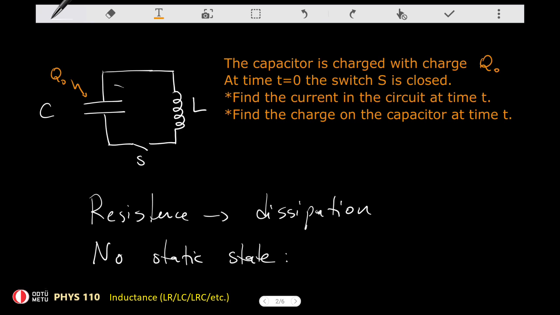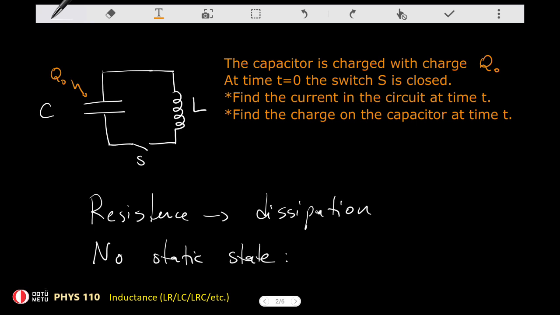In that case, of course, we know that these two plates are connected with a wire. And we know that the charge is going to flow from high potential to low potential. That means there will be a current, since they are connected. As long as there's a charge here, you cannot prevent the current.